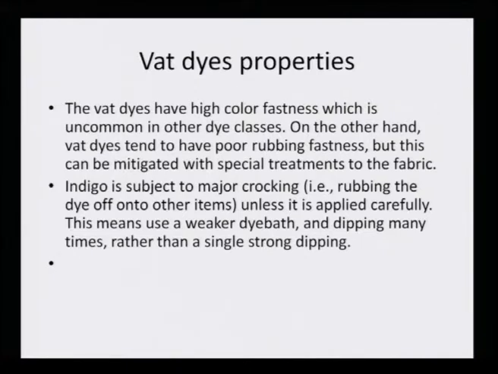This means use a weaker dye bath and dipping many times rather than a single strong dipping. So, by doing repeated dyeing, the impregnation is enhanced and the surface dye content is lessened. Using a weaker dye bath, that means having lesser concentration of the dye in one go, but dyeing several times, that is overdyeing or repeated dyeing, creates more and more color within the fabric rather than on the surface, because the one which comes on the surface is actually what is rubbed off.